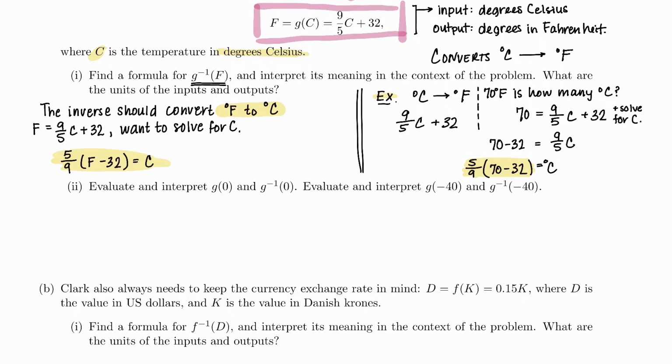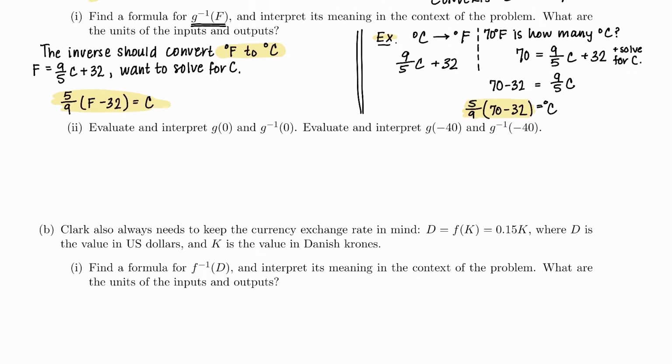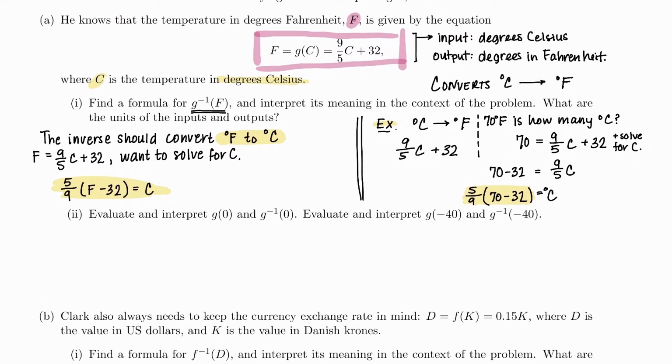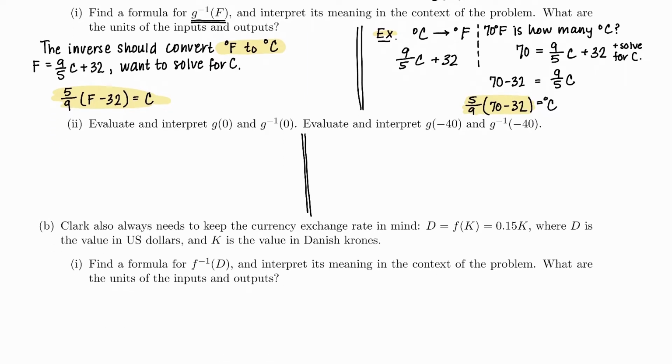Okay, so part 2 says evaluate and interpret G of 0 and G inverse of 0. Evaluate and interpret G inverse of 40 and G inverse of negative 40 and so on. You can read the problem, hopefully. If you can't see these words in the video, I suggest you go to Blackboard and download the worksheet, because that might be helpful.